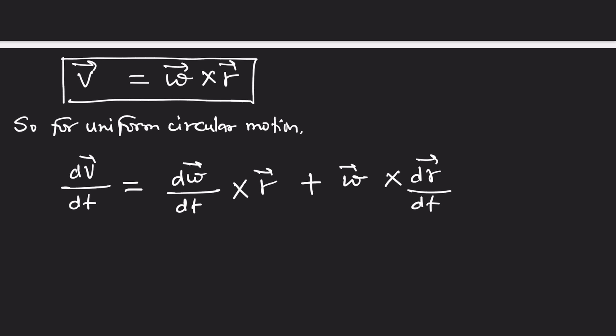But we know that in the uniform circular motion the angular velocity is constant. Its magnitude is also constant, and its direction is also constant. Like in the start I discussed that the direction of the velocity was in the upward direction.